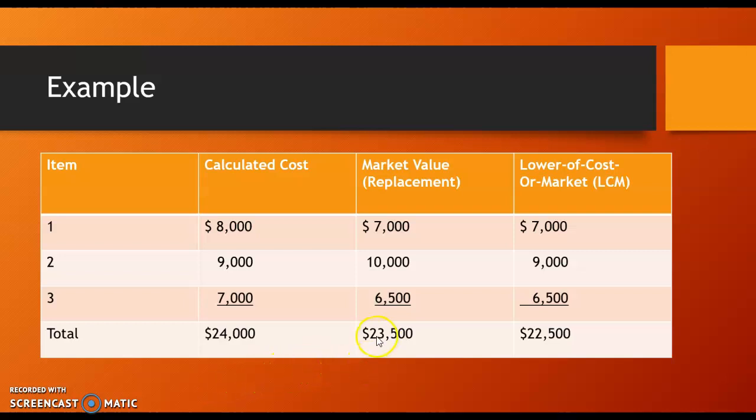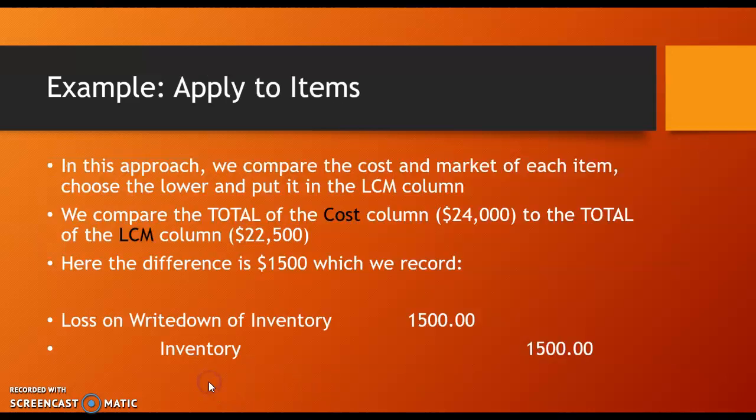Okay, so again, that was comparing the total market value to the total calculated cost. I can also do it by category. Okay, and here we're comparing the total of the cost column, which again was $24,000, to the total of the lower of cost or market column, which was $22,500.